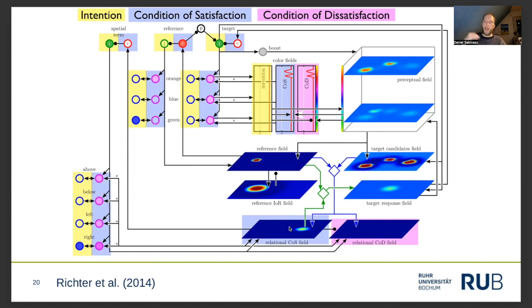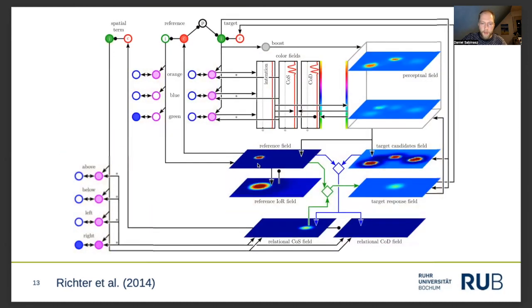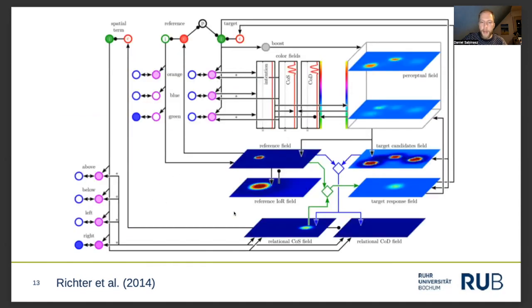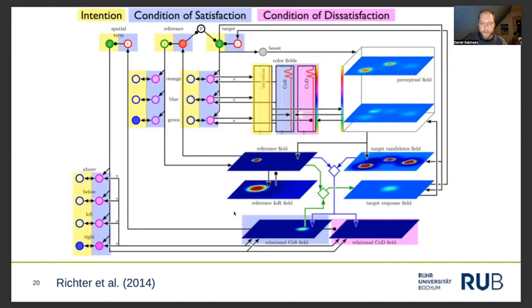But it might happen that we have not found a target candidate which stands in the specified spatial relation to a reference object. If we go back to this example here, this might be the case if we have accidentally or wrongly selected this as our green reference object, and then we're not able to find any target candidates which are to the left of that green object. So the relational condition of satisfaction field would not form a peak, but instead the relational condition of dissatisfaction field would form a peak.